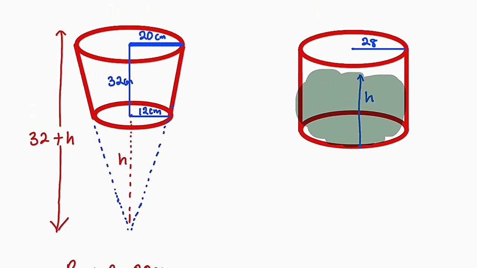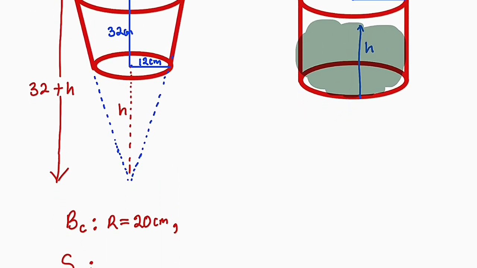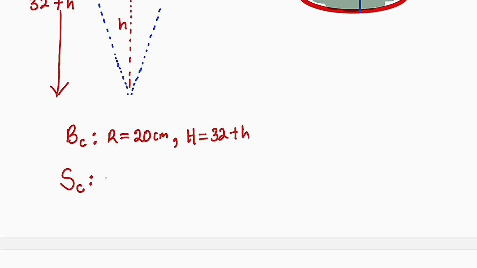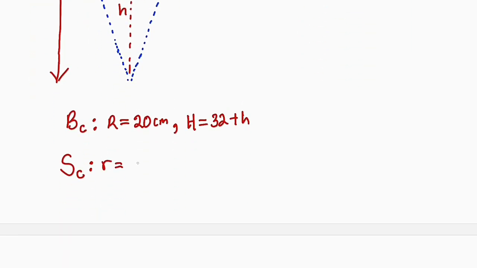And it has a height of 32 plus h, so I will use capital H for the height. Then the smaller cone has a radius of 12 cm, and the height remains h.